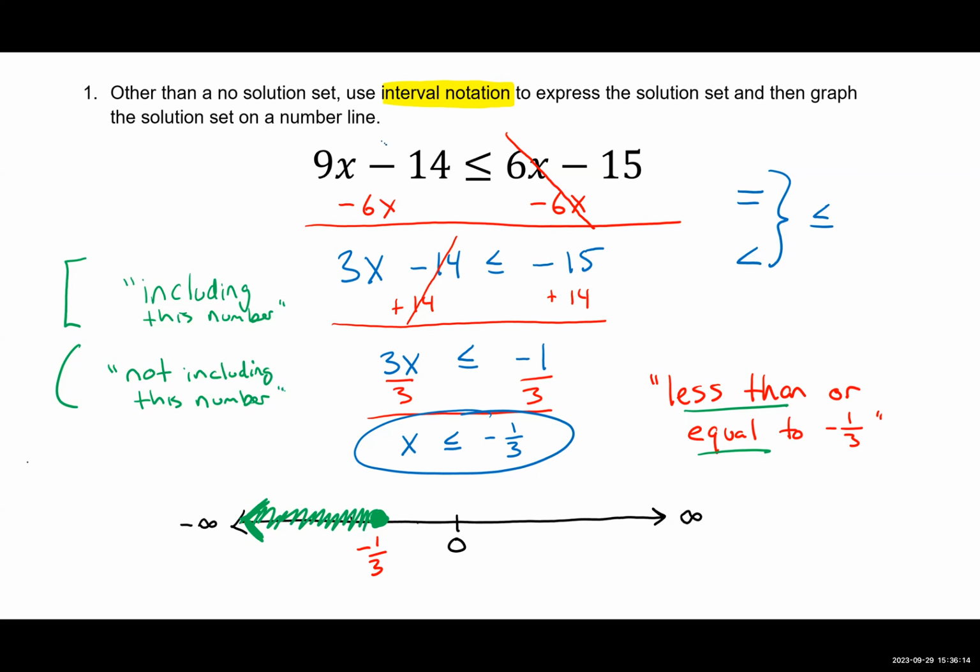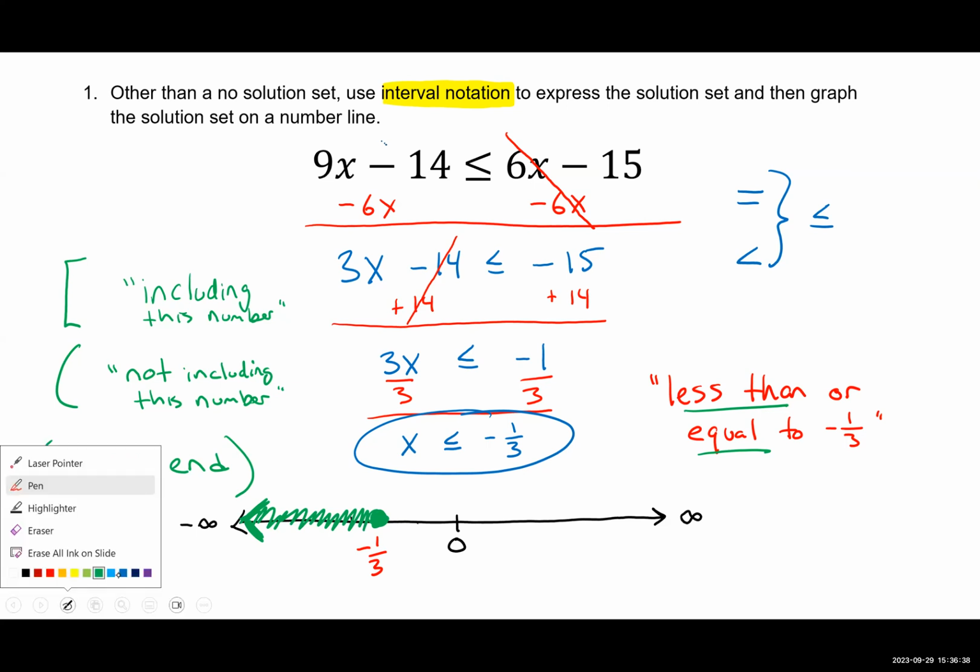And then interval notation, we're basically listing the starting value, comma, the ending value. Now, we're looking left to right on the number line. Well, there is no starting number because this arrow goes on forever to the left.